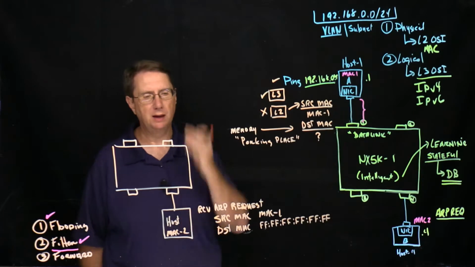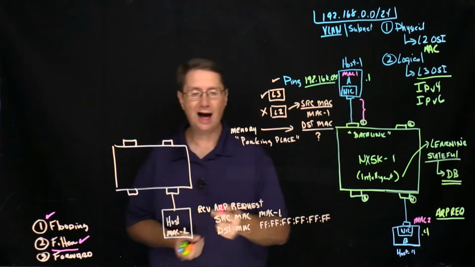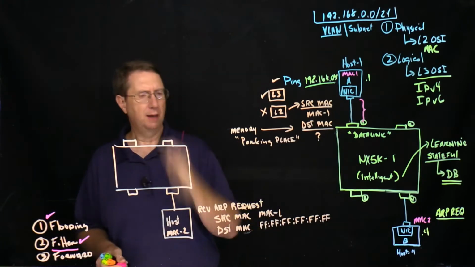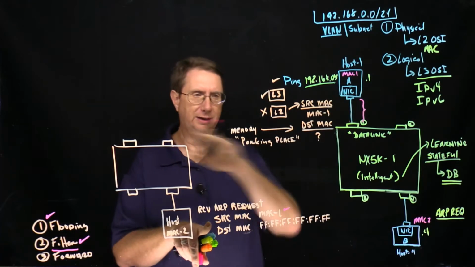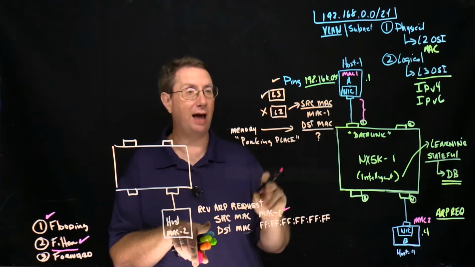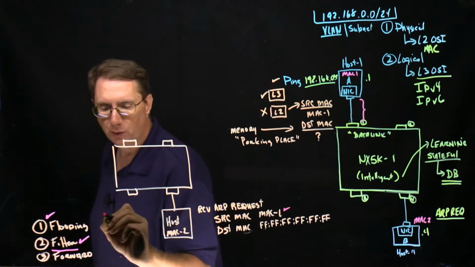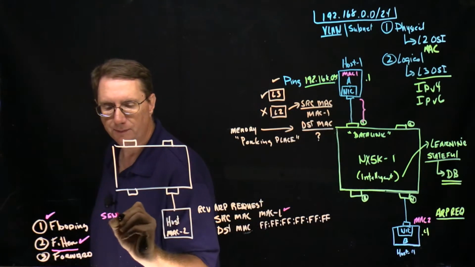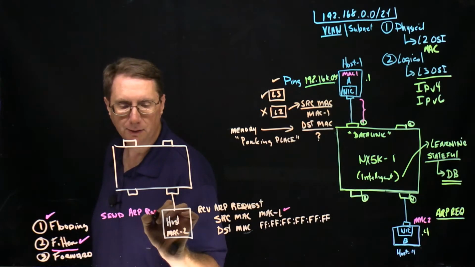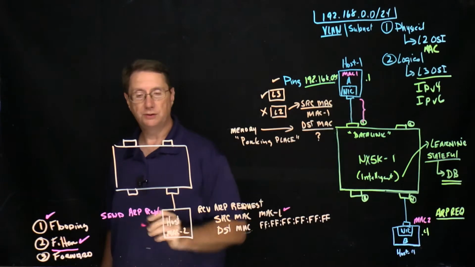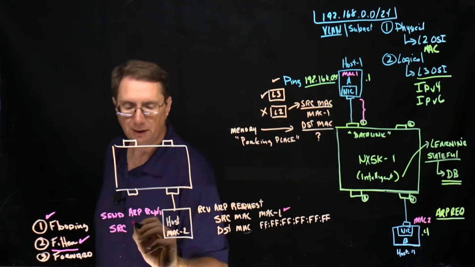So 6 bytes. Now, when it comes time for this host to reply, it's interesting because I know the source MAC address that it came in on, so that's actually what I'm going to make the destination MAC address. So when I send the ARP reply, the source MAC address, it's a layer 2 frame, it's going to be MAC2.